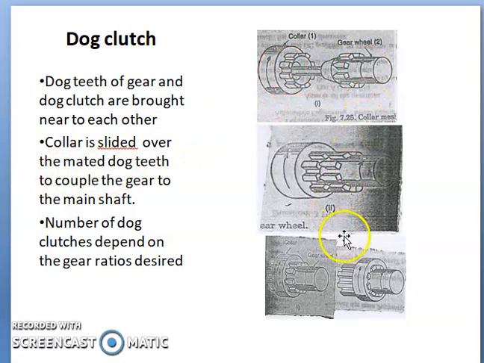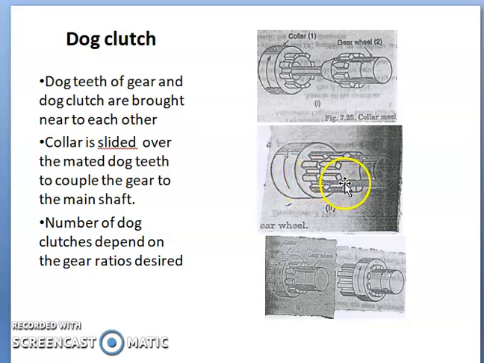Here you can see the exploded view of the dog clutch. A dog clutch consists of dog teeth and a collar, and similarly all the gears have dog teeth on the periphery of the wheel or the extended gear surface. First these two dog teeth are brought into contact and mated.